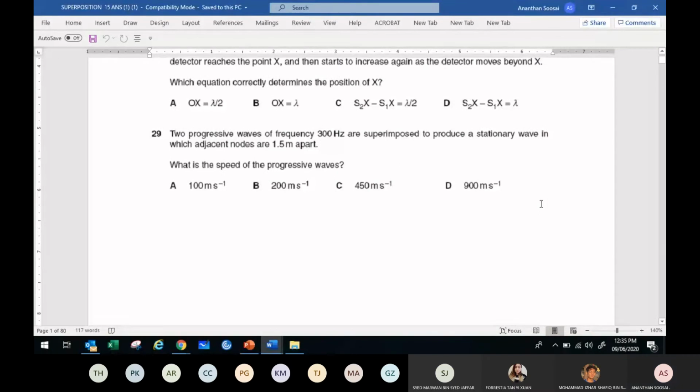What is the answer? Everyone give it a try. Okay, I'll give you 1 minute. You can WhatsApp me the answer.